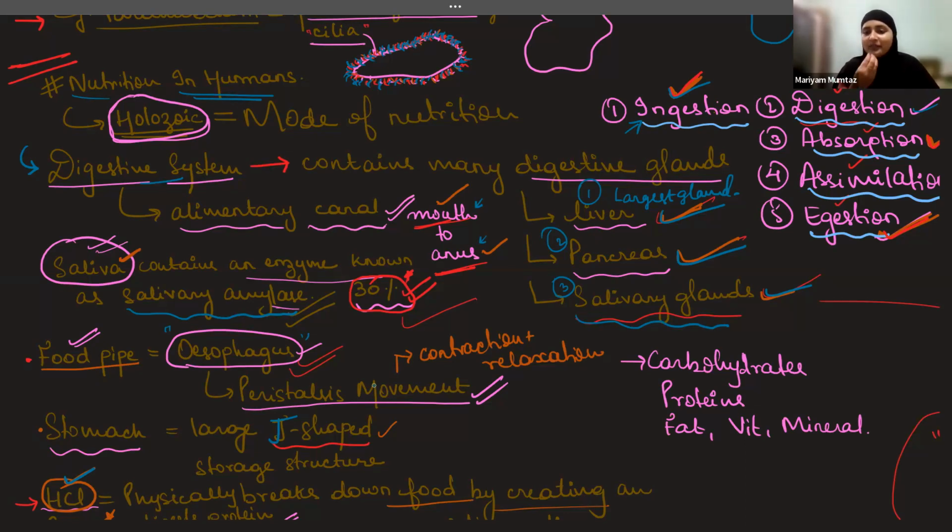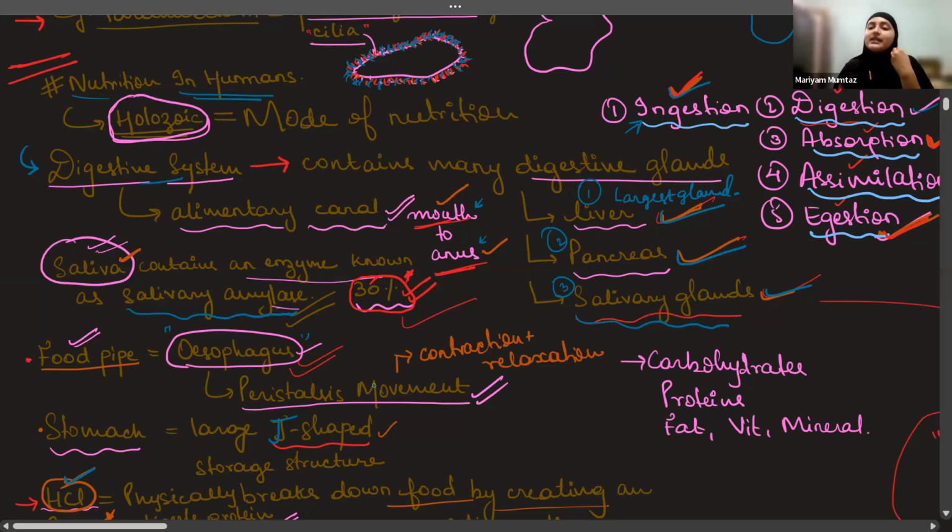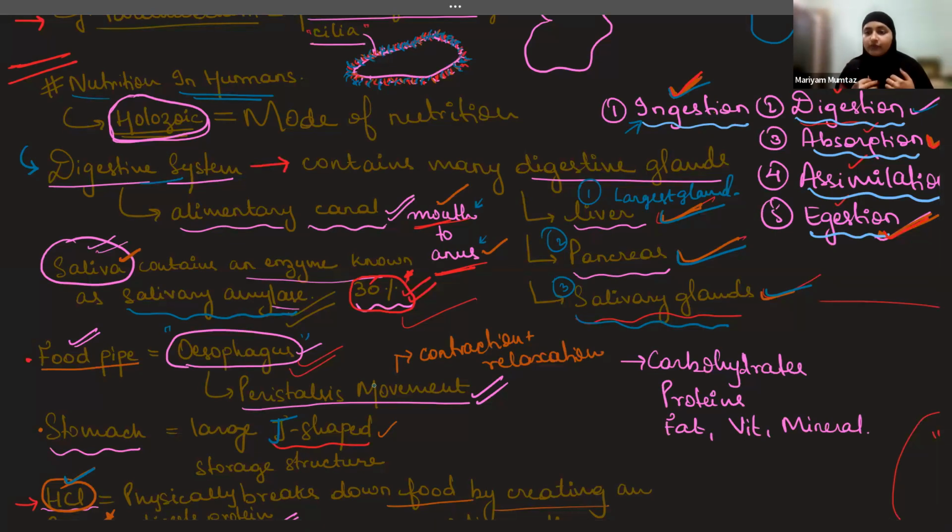Why don't we just put it in the mouth and swallow it? To make it into smaller pieces, so that when the food is present in a smaller size, it will be easier for the enzymes to act upon it. So we chew our food to decrease its size so that it can be easily digested.